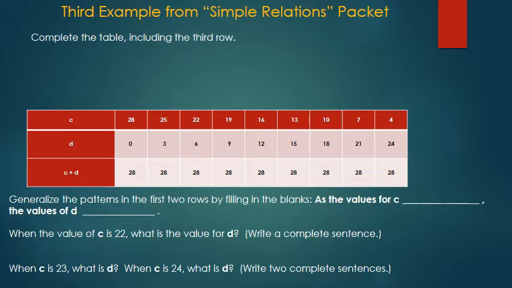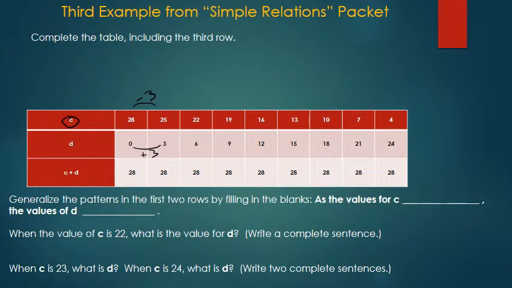Now that we have all of the values figured out in the table, we're going to answer some questions about patterns that we see. So for the first question, it says, generalize the patterns in the first 2 rows by filling in the blanks. As the values for C, so that's this row, and then blank, so as something is happening to C, the values of D, and then something is also happening to D. Okay, so what we determined was that C is going down by 3, and D is going up by 3.